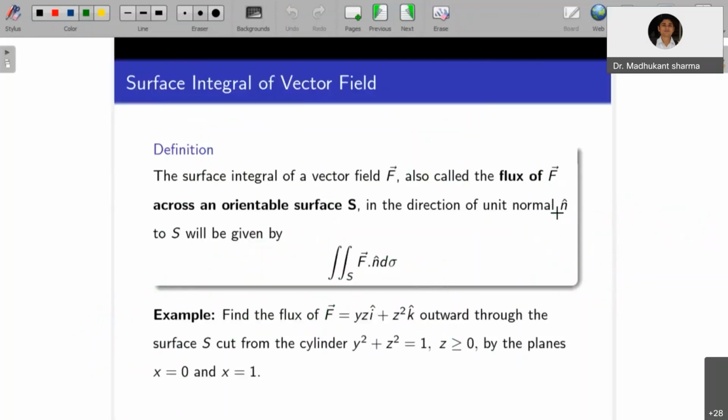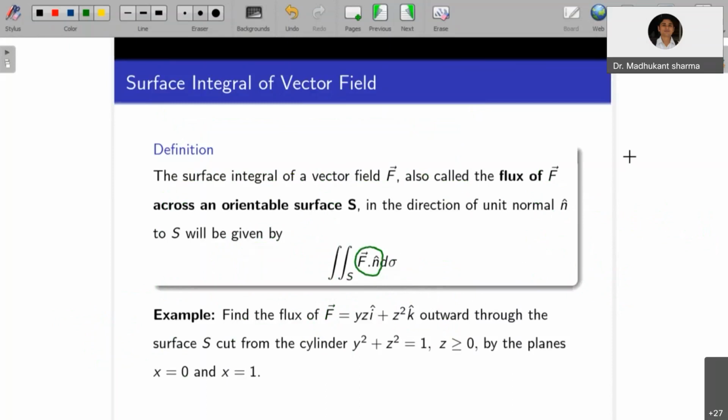Here is the surface integral of vector fields. I am going with the definition. Again in the same way, you have F dot n cap. If you recall, this is an outward flux.